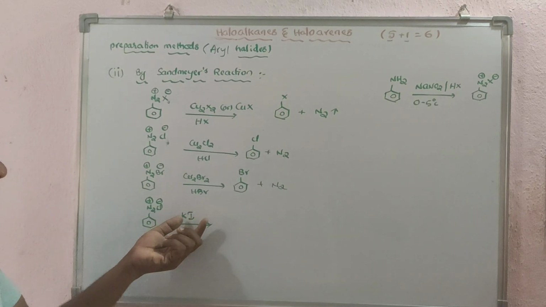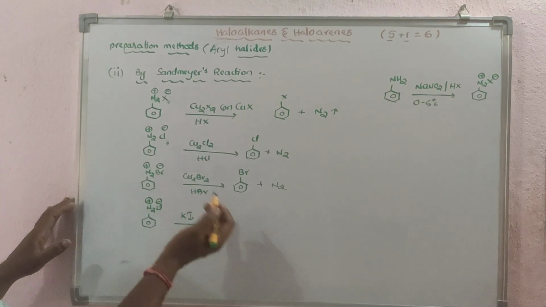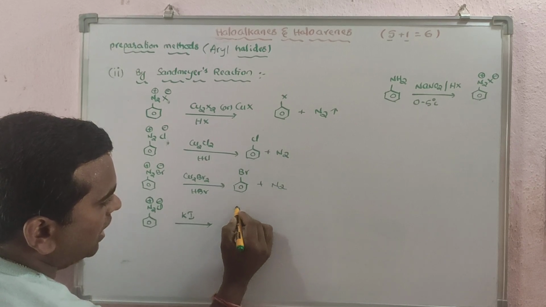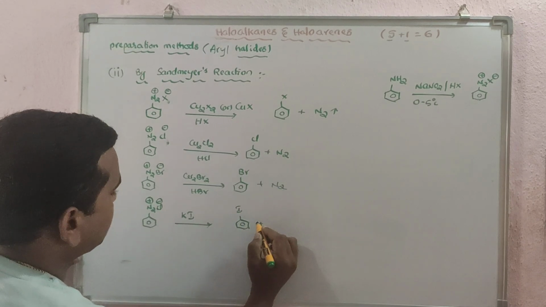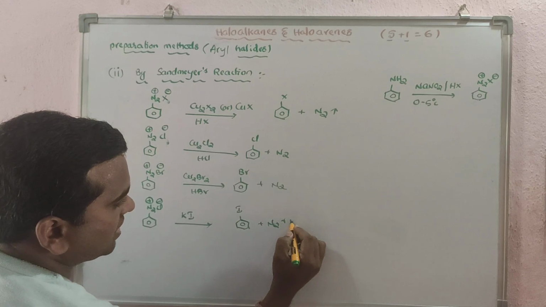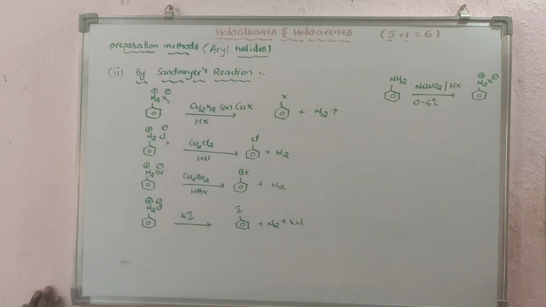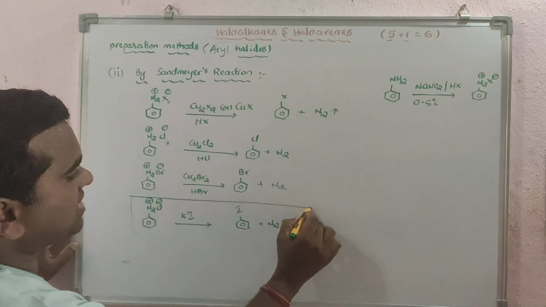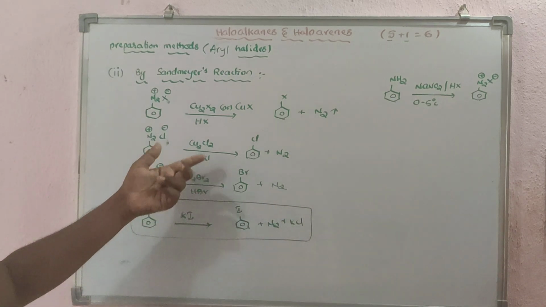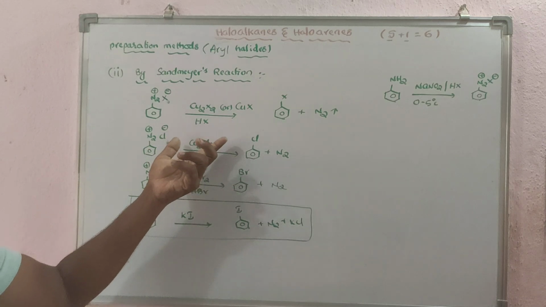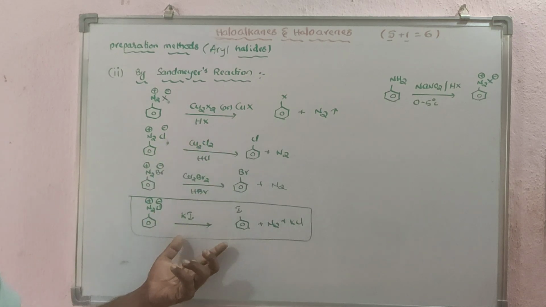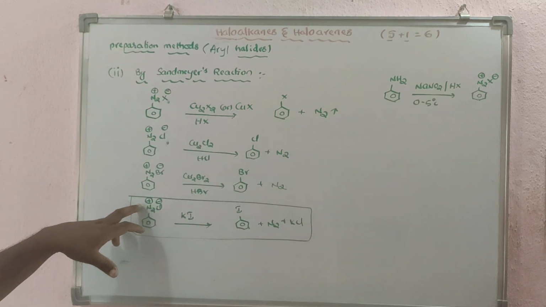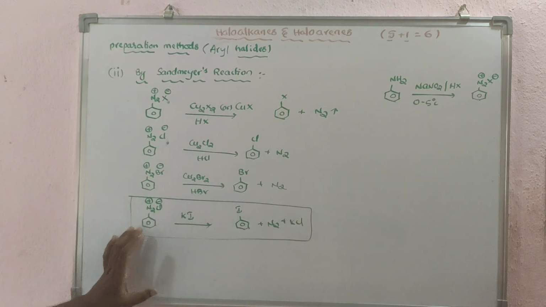You know, I minus is a powerful nucleophile and it replaces the N2 group here, and you will get iodobenzene plus N2 plus KCl. And this reaction we cannot consider a Sandmeyer reaction. Why? We are not using any cuprous halides in this reaction. But we are preparing this from the benzene diazonium salts.